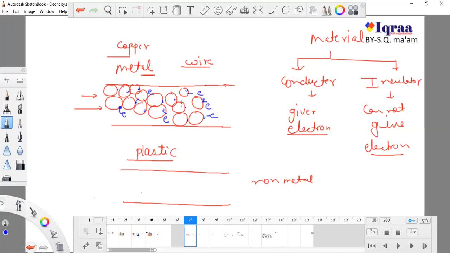Okay, electrons are out. These electrons are out, and these electrons will start moving randomly. Some will go here, some will go here, some electrons will go here. So electrons will come out and they will start moving here and there. Okay, so this is not a correct way.